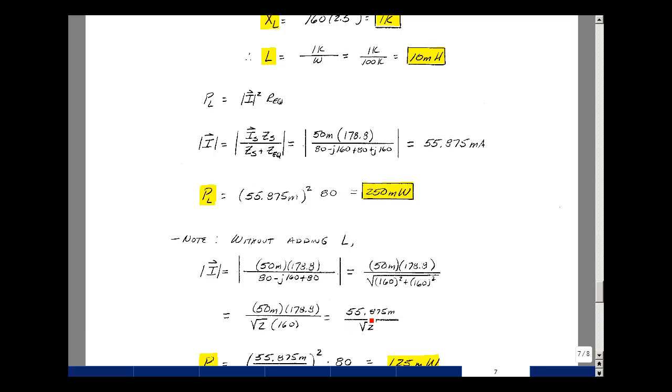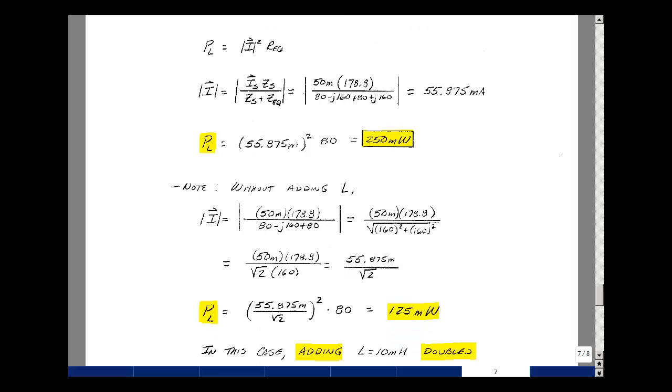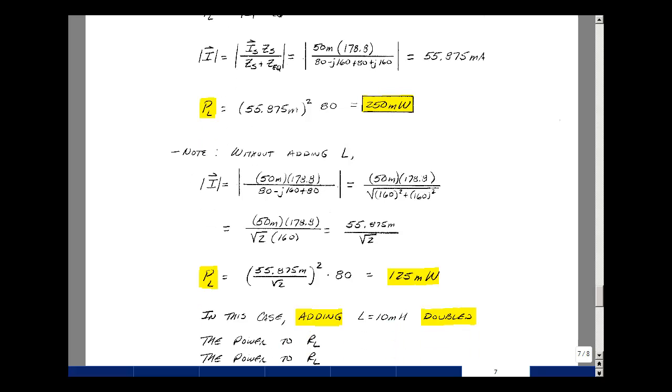That's going to be divided into our numerator of 55.875 milli. So the power to the load then is the square of that current times the value of the resistance looking back into my transformer, which looks like 80 ohms with my turns ratio. It's 125 milliwatts. So by just adding this inductor and basically resonating with the capacitance in our circuit, we're able to double our power to the load.